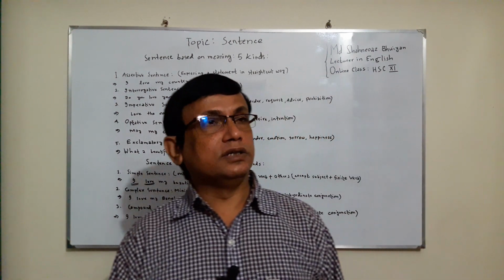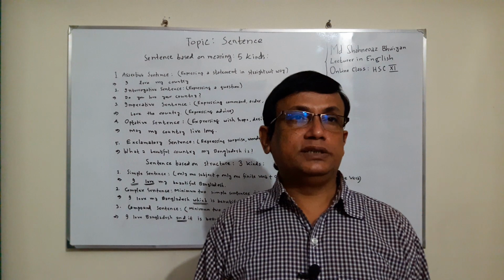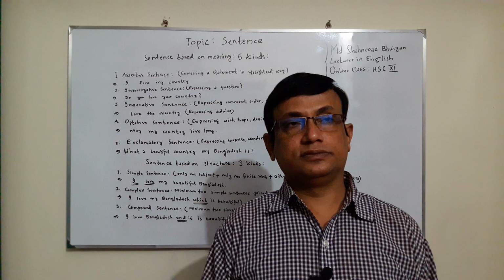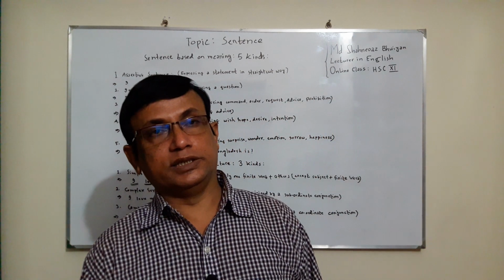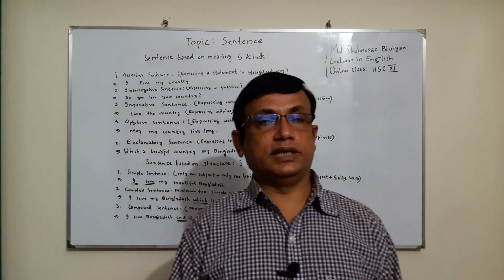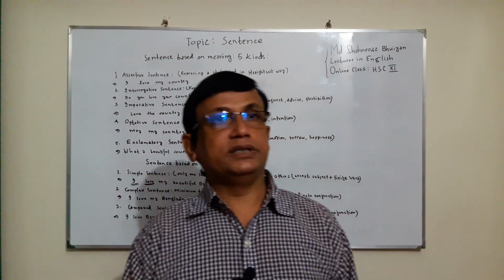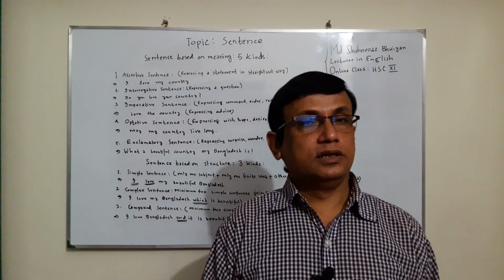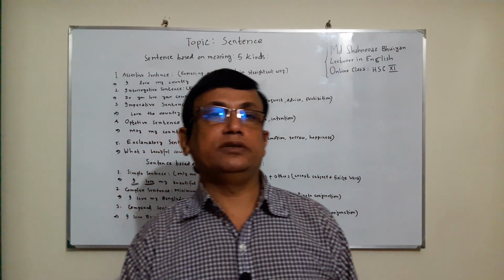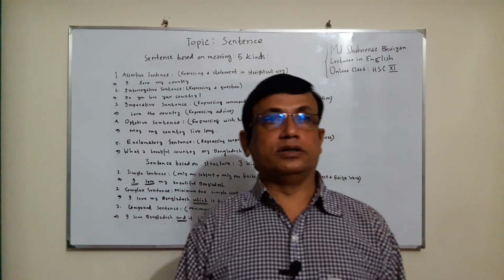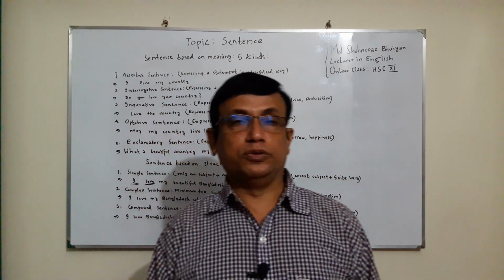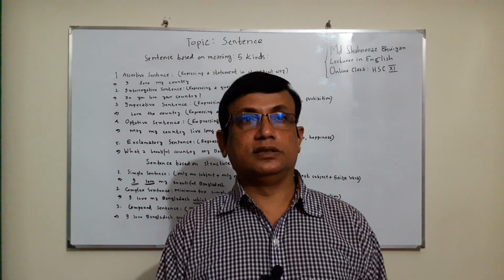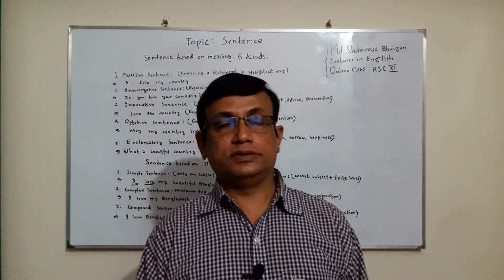So learners, now we have learned that based on meaning, sentences can be 5 kinds: assertive, interrogative, imperative, optative, exclamatory. But based on structure, sentences can be 3 types: simple sentence, complex sentence, and compound sentence. While we learn narration or transformation of sentences, this knowledge will help us very much, because in narration we can see the 5 kinds of sentences.